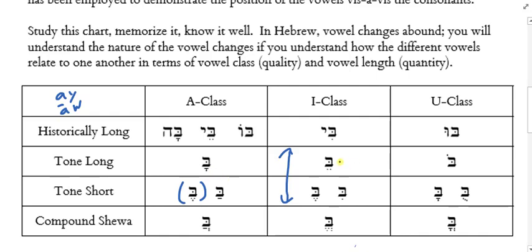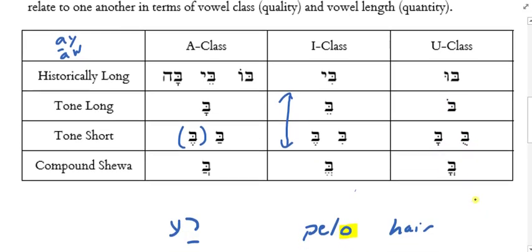And by the same token, if I had one of these tone long vowels and I had to shorten them because they ended up becoming closed and unaccented, then the Holam would go to one of these two. As an example, if you remember, we had the word for all, the word kol, all or every.